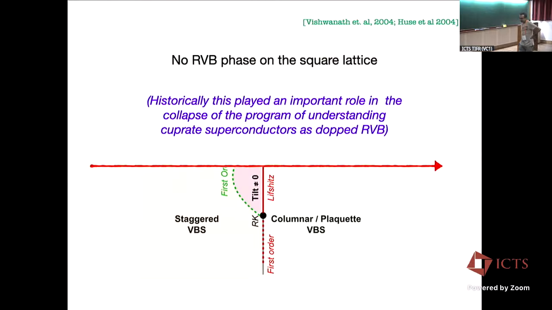Okay, and just as a historic anecdote, this basically played an important role in collapsing the program that was started by Phil Anderson, etc., to try and understand the high-Tc cuprate superconductors as doped RVB, because the RVB could never be realized as a phase in this class of models.